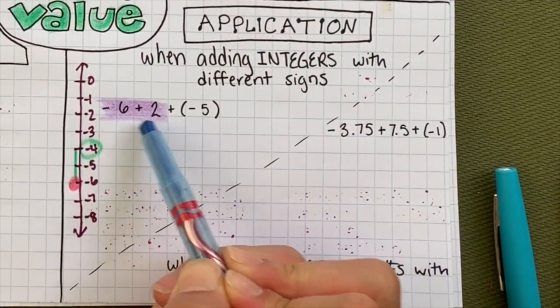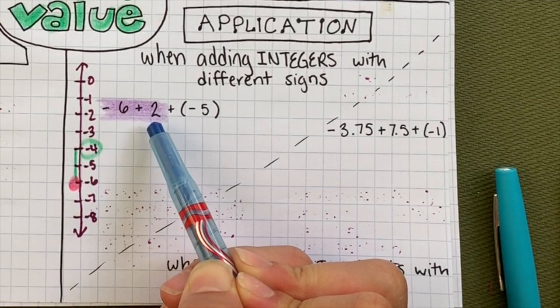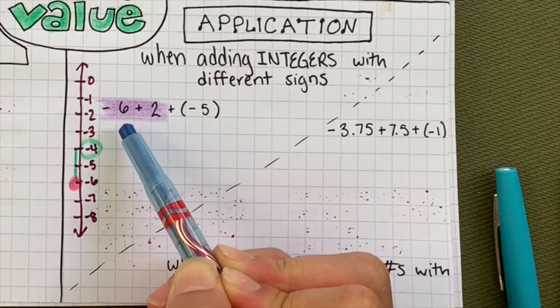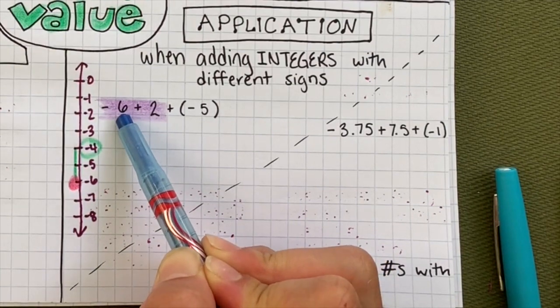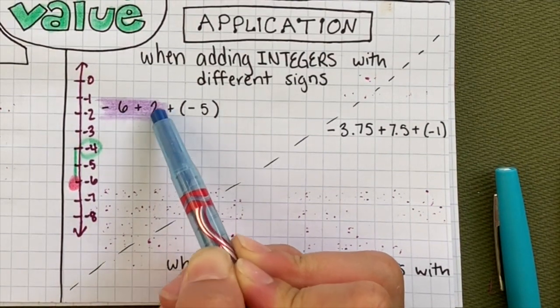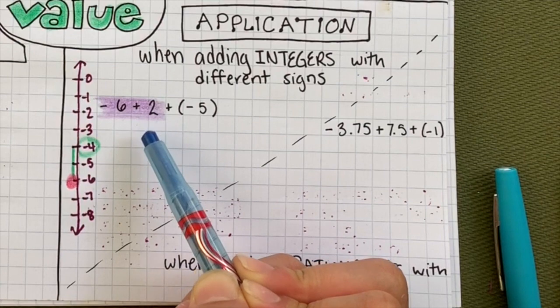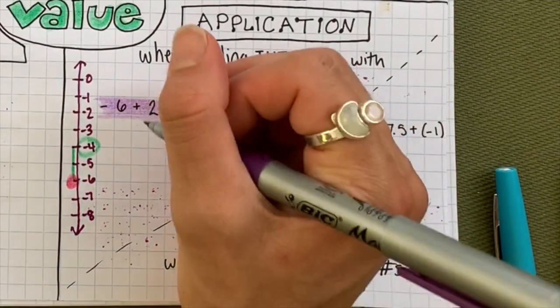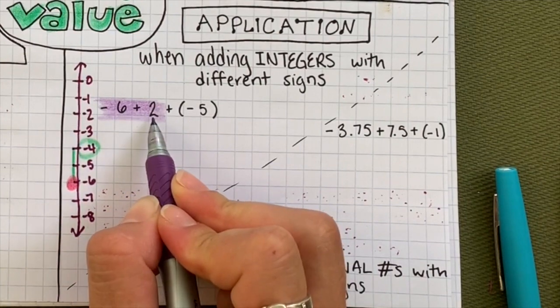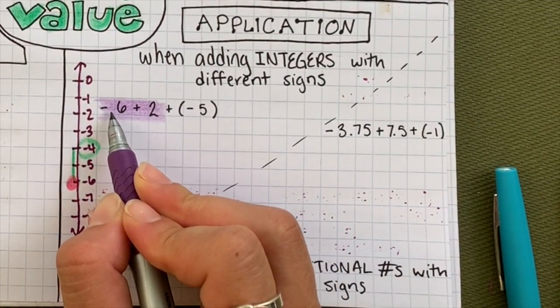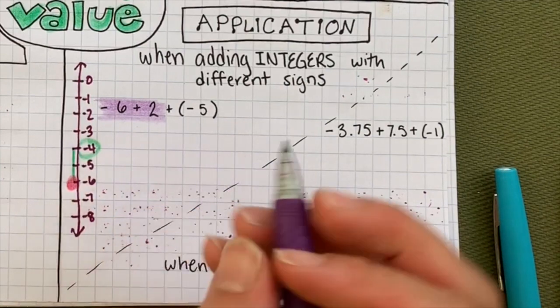Without a number line, finding the sum of 2 integers with different signs, we need to identify which addend has the greater absolute value. -6 is further from 0 than 2, so the sum is going to stay negative. We find the difference of the absolute values of the addends, 6 minus 2 is 4, and keep the sign of the value with the greater absolute value.